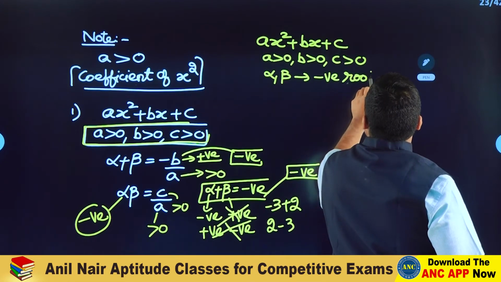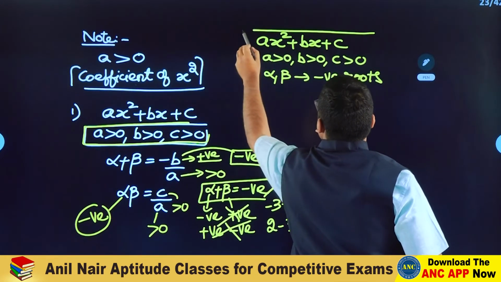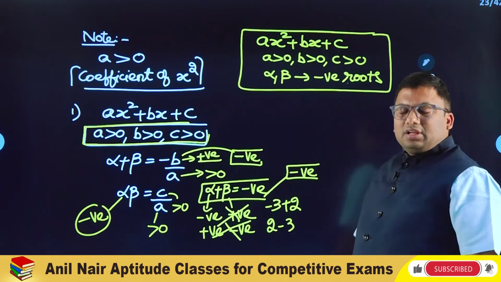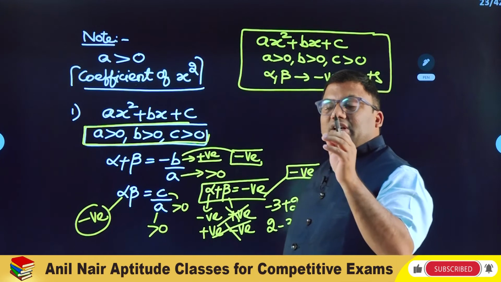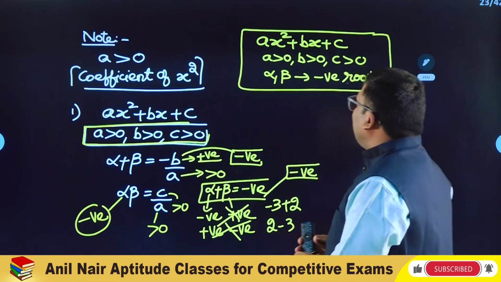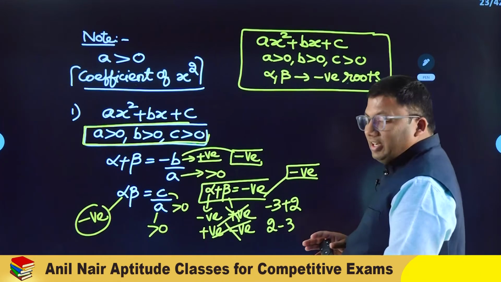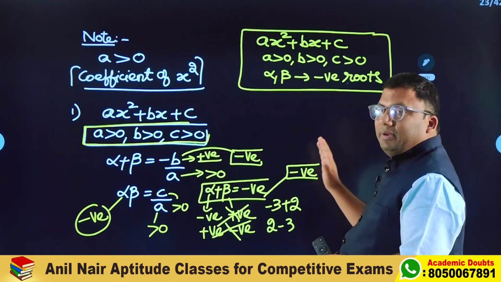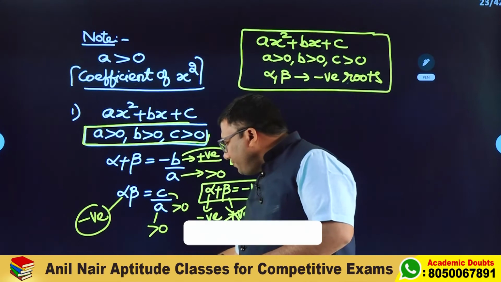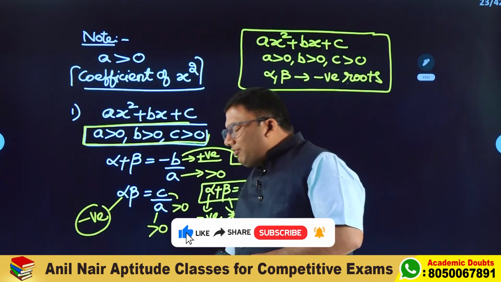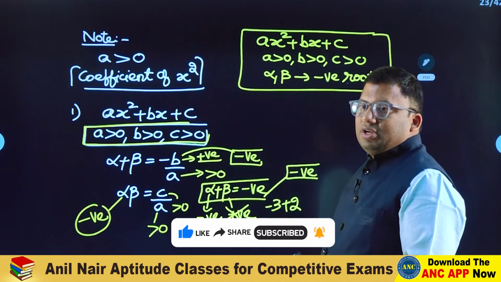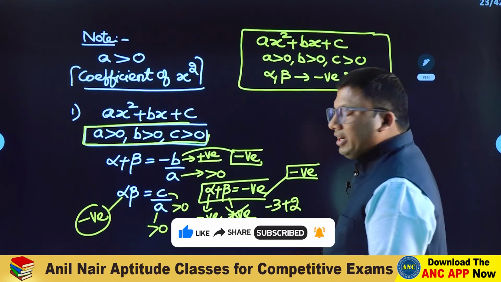Please write down. If the coefficient of x square, coefficient of x and constant are greater than 0, then alpha, beta will be negative roots.